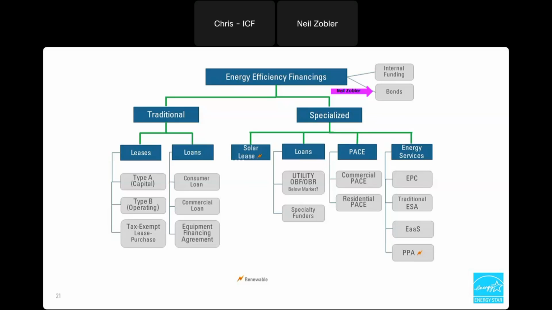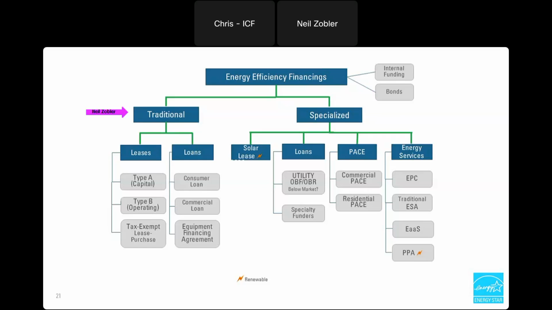I'm not going to talk about bonds. Bonds are sophisticated enough so that if you're looking at doing an energy efficiency project using bonds, obviously, if you could add your project to an existing bond issue, that might make a lot of sense, but I'm not going to talk a lot about that because there are so many different types of bonds that would require its own presentation.